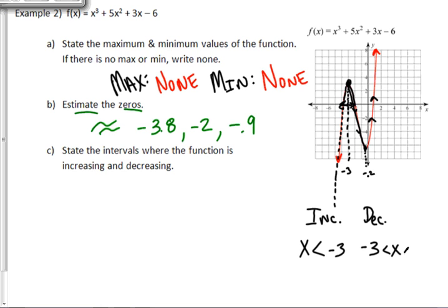But they are less than -0.2, because they are to the left of -0.2. So the values for the decrease show a range of values. Any value from -3 for x to -0.2 are going to show that decrease.